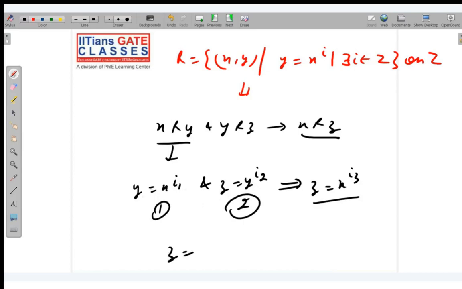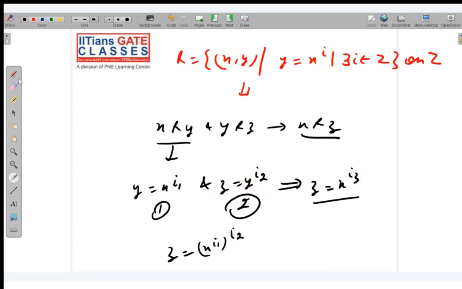So simply put the value and get the answer. z is equal to y power i2, y is x power i1, so x power i1 power i2. Are you getting it? Yes, sir. We want z in terms of x, so I put the value of y, x power i1.